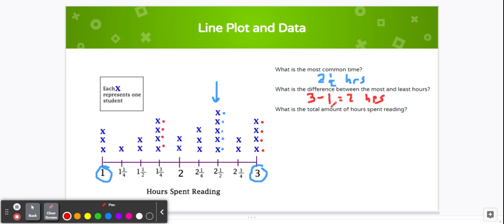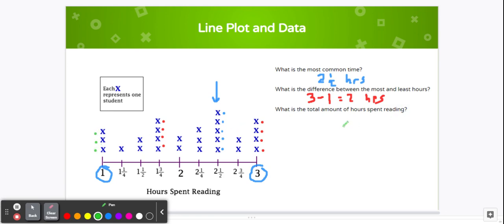And one of the last common questions is, what's the total amount of hours spent reading? This one's going to take a little bit more time because, as you can see, there's a lot of X's here, which means we have a lot of students reading. And so one way to do this would be to think, okay, on 1 hour, there are 3 students.